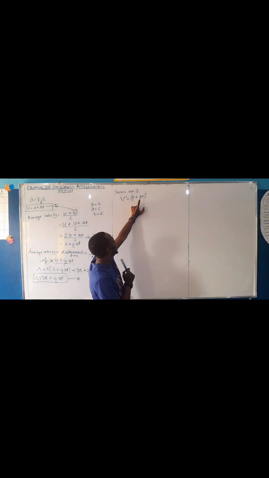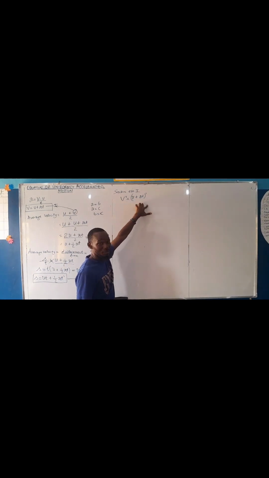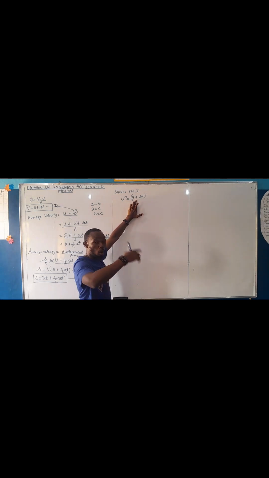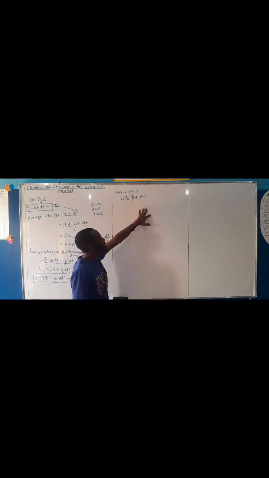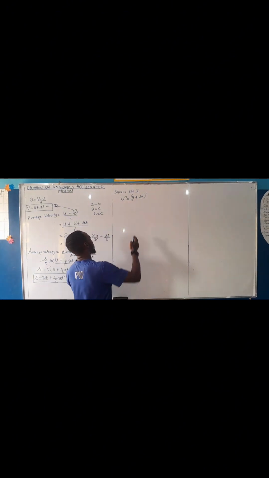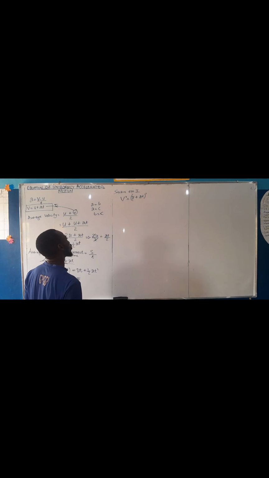I'm telling you, it can go wrong, and if you're wrong from the beginning, everything is wrong. So please take note. When you have an operator sign, either plus or minus, separating two things, and you want to find the square, you find the square all together. Not that you separate it and square each. No. That is mathematically wrong.